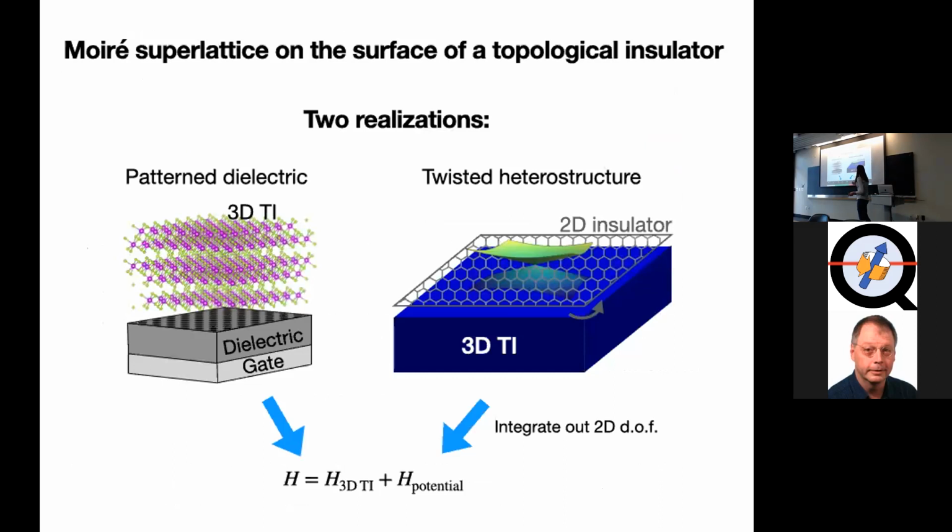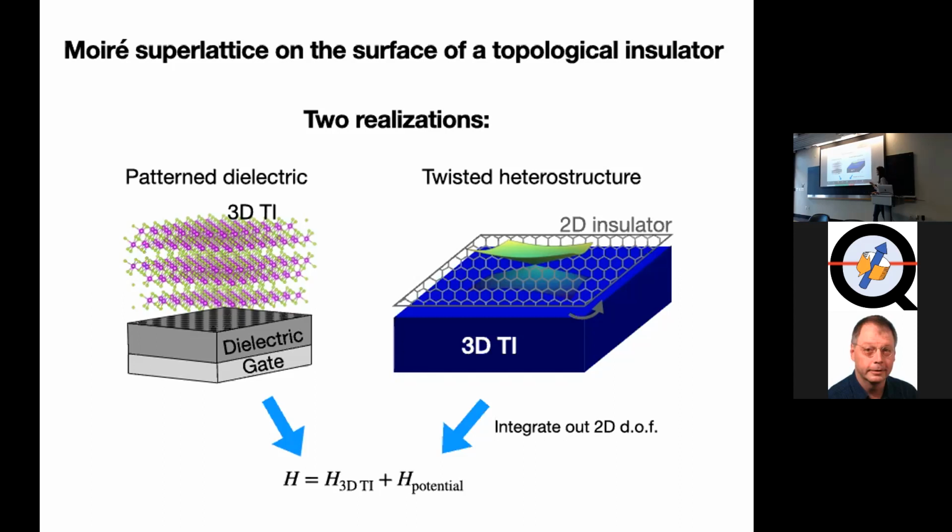Okay, so we want to put a superlattice potential on the surface of a 3D TI. How is this similar to Moire physics? In twisted bilayer graphene, what you're doing is making an enlarged unit cell and folding the band structure a bunch of times. And you get that enlarged unit cell because the two layers have two different periodicities. Now what we're doing here is imposing a different periodicity, but externally, from some other potential.